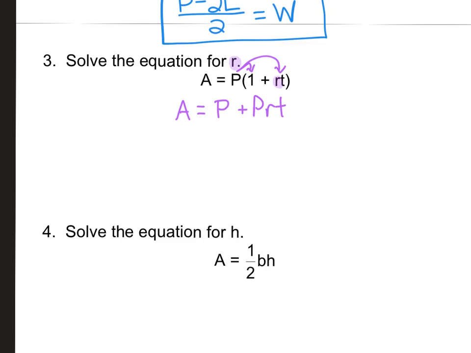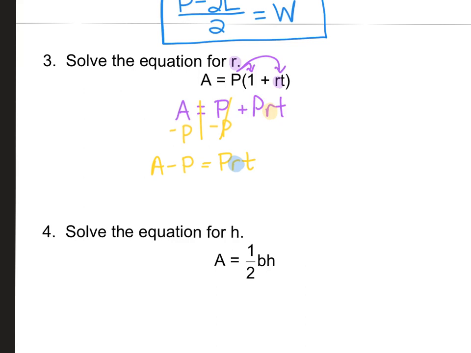Again, highlight what it is that you are trying to isolate, which is the R. Our first step would be to move this P over to the other side by subtracting. And on the left, that would leave us with A minus P equals PRT. So how do we get this R by itself?